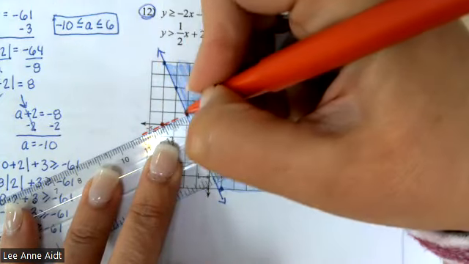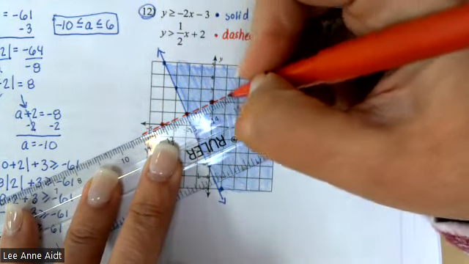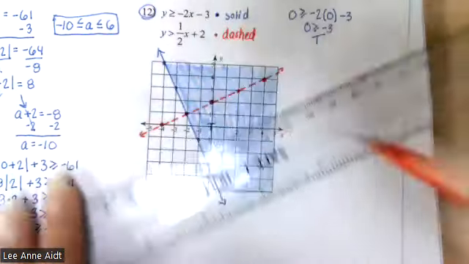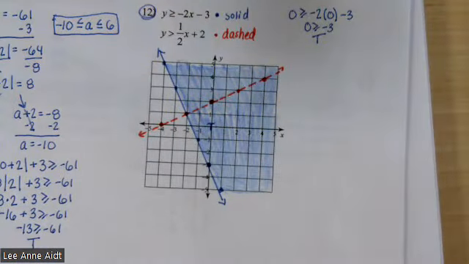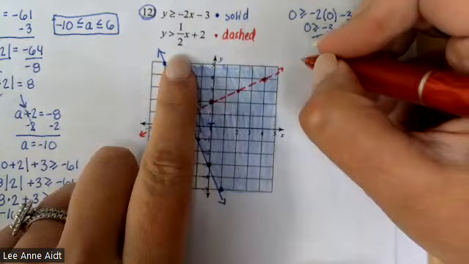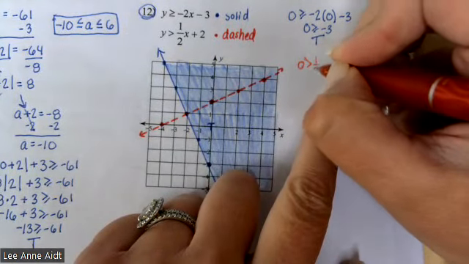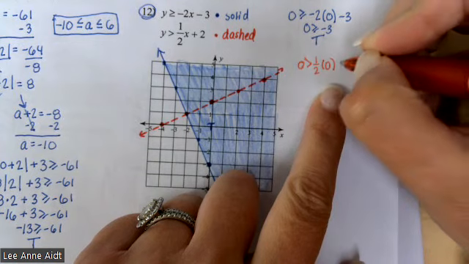This better not be true. So many truths. Is it true? Did anybody do it? Zero is greater than 1/2 times 0 plus 2.